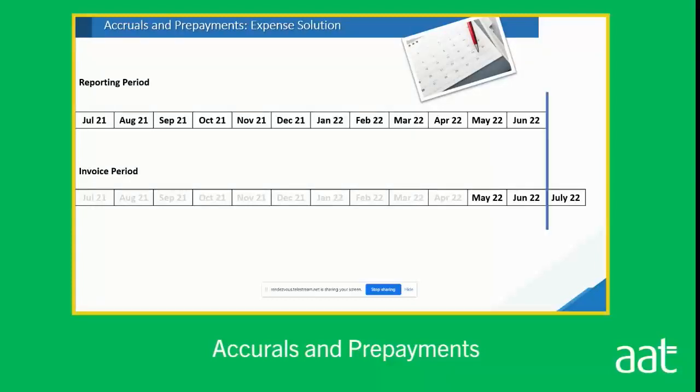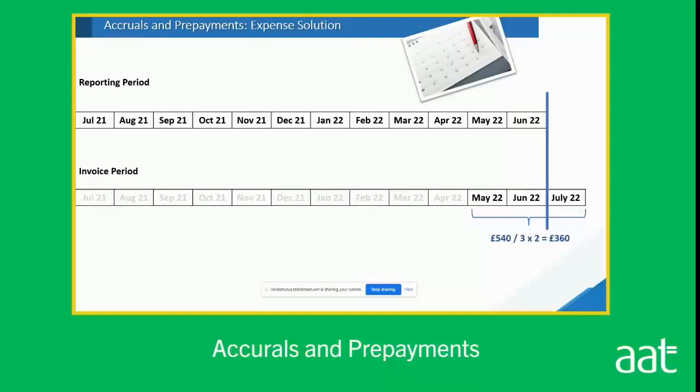Let's remind ourselves that our year end is June, and therefore anything that falls outside of this 12-month window is outside of the scope of this reporting period and should not be included. And therefore that invoice that was received after the year end for £540 should only be accounted for at £360. So the £540, dividing it by the 3 months and timesing it by just the 2 months, the months of May and June.